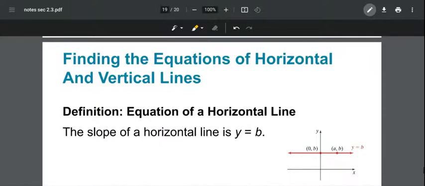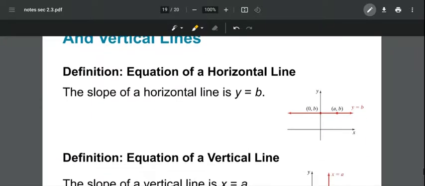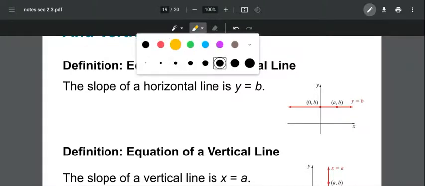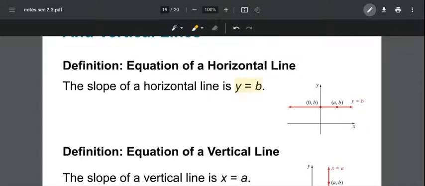The last part of section 2.4 is finding the equation of horizontal and vertical lines. So let's start with the definition. The equation of a horizontal line is y equals b, where the point 0 comma b is the y-intercept.